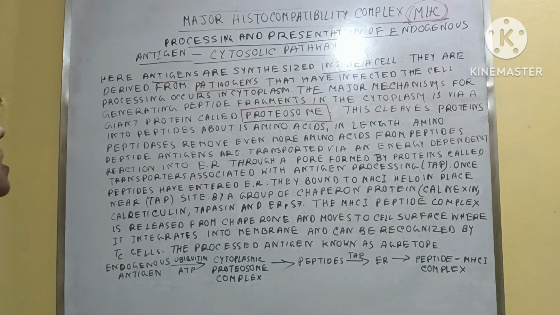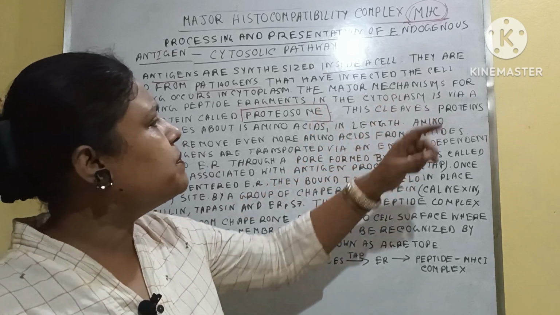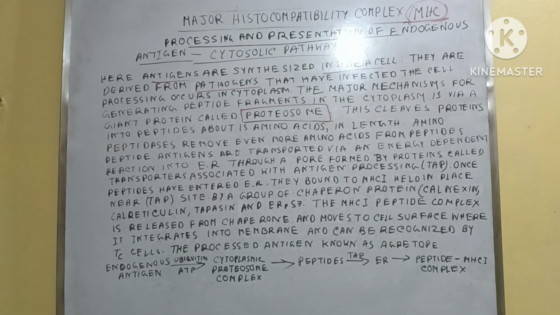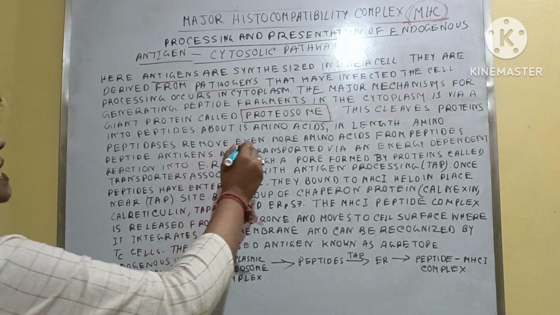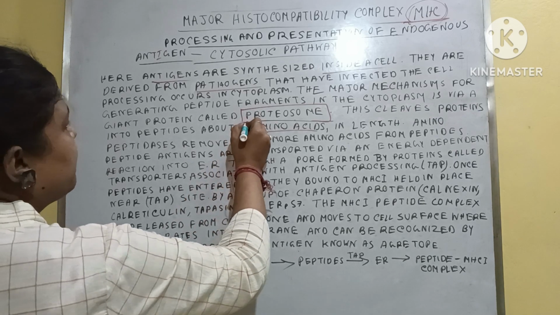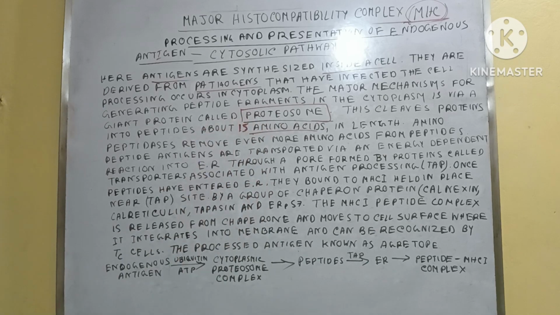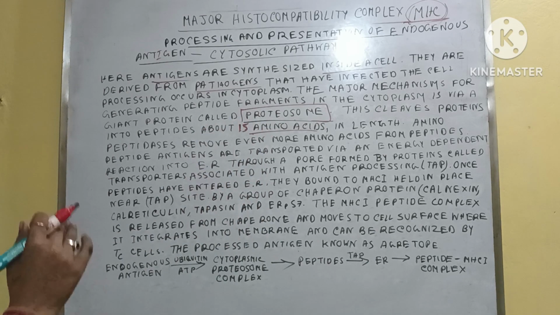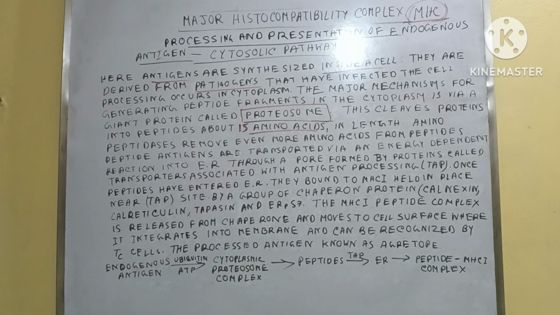This cleaves the proteins into peptides of about 15 amino acids. So each fragment must be about 15 amino acids, and the fragmentation is done by the proteasome. Clear?